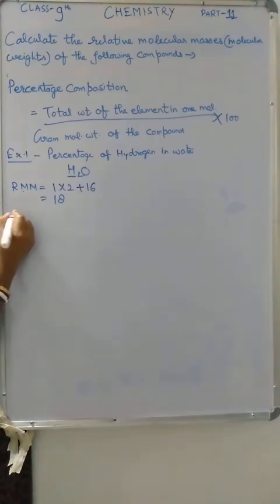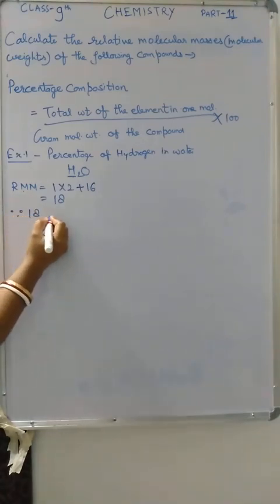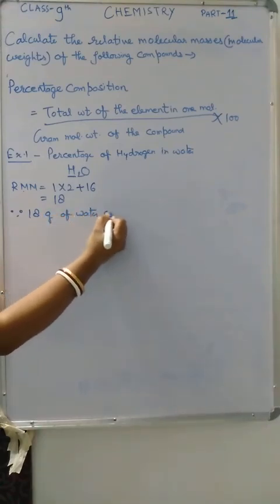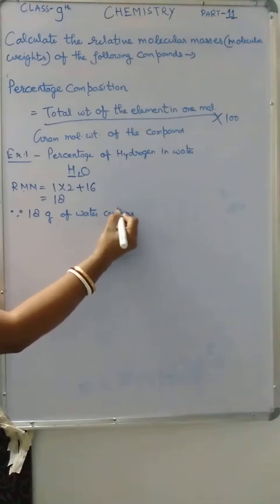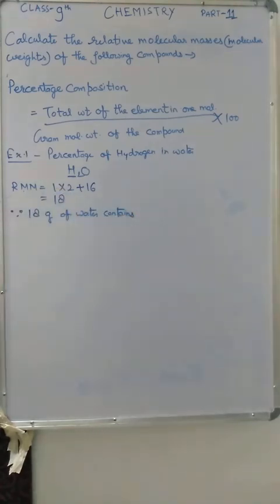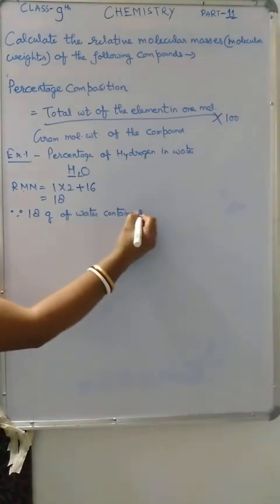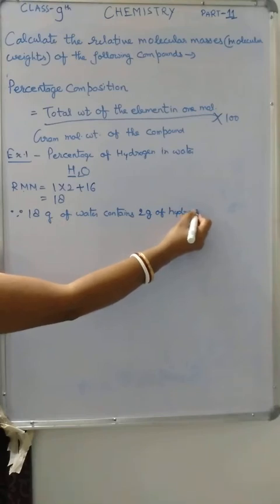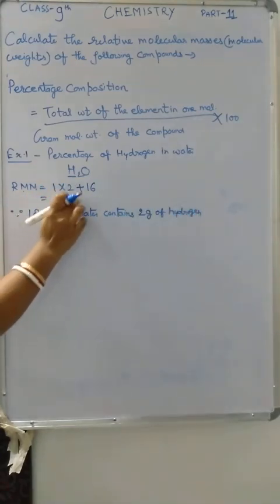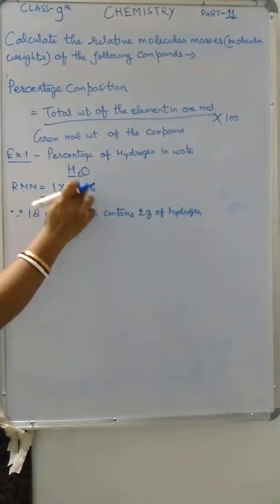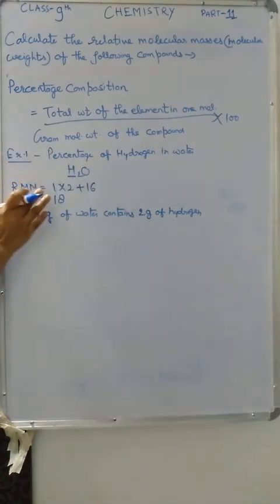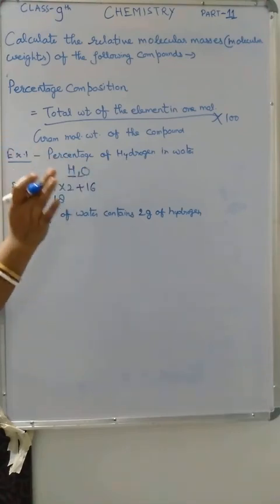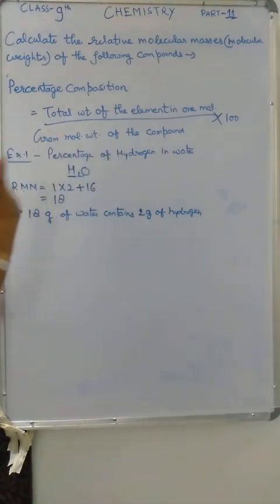Since 18 gram of water contains 2 gram of hydrogen and 16 gram of oxygen, here we will talk about hydrogen only. We will not talk about oxygen because in the question the hydrogen percentage is being asked.